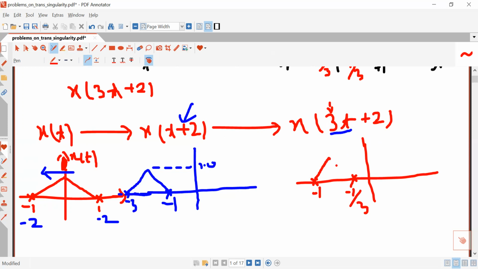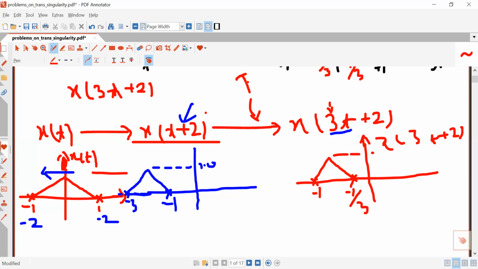So this is x(3t+2). How will you get it? First you shift the signal and you get x(t+2). And after shifting, you use time scaling. Time shifting is used here and time scaling is used here. In this way, you can get x(3t+2).